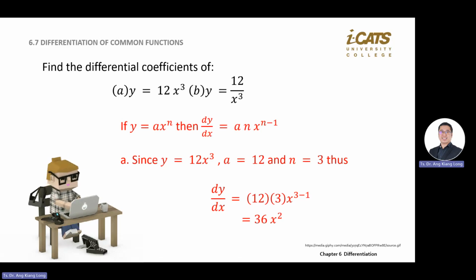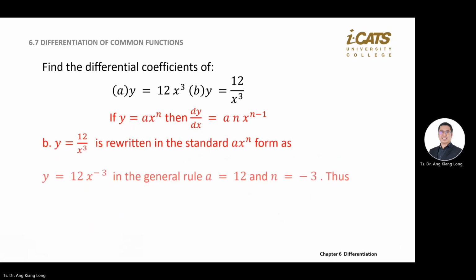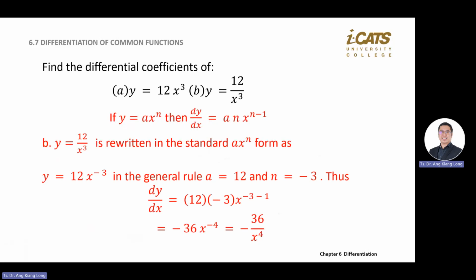If you understand A, you should be able to do B. For B, I'll just give you the answer. If you rearrange into index form, 12x^(-3). You pull the index to the front, carrying the whole index.